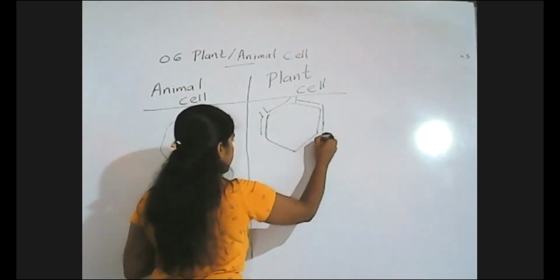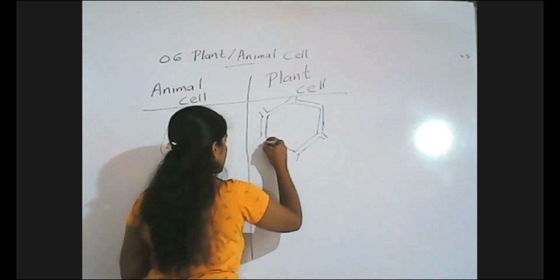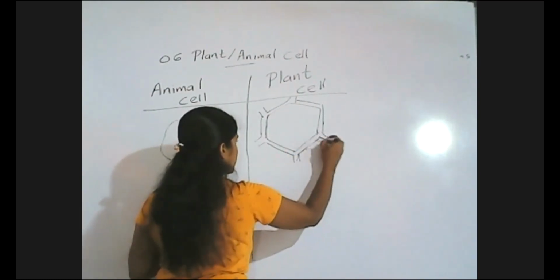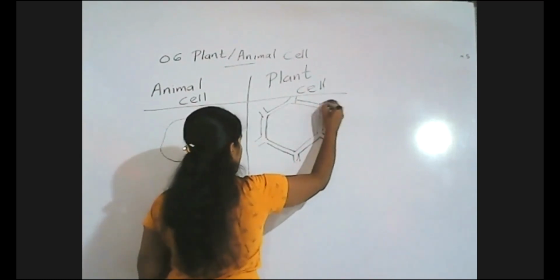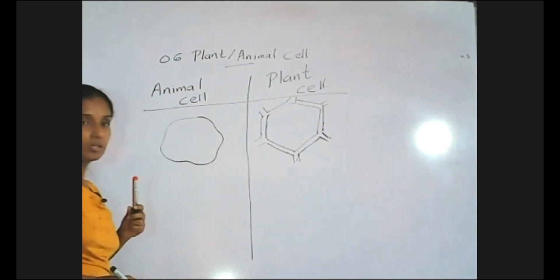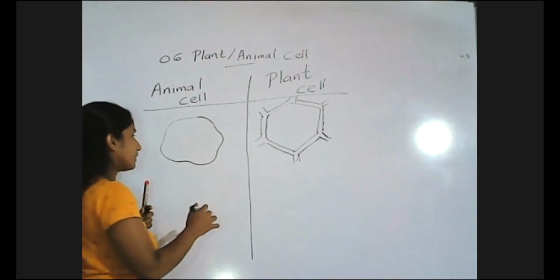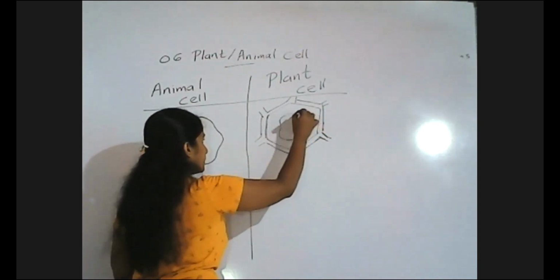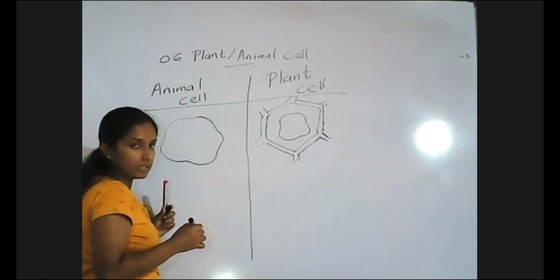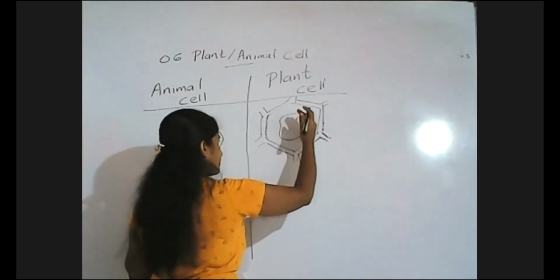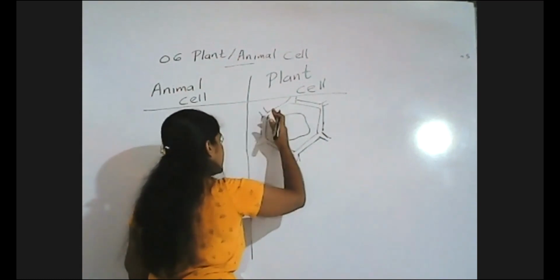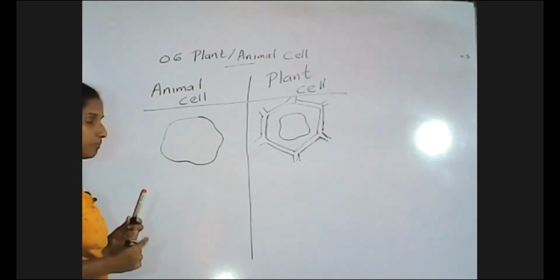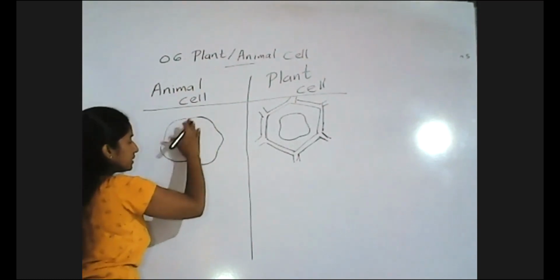When you draw, draw a clear diagram, only one diagram, so draw it clearly. In the plant cell, there's a large vacuole in the center, so the cytoplasm is pushed to the periphery of the cell. But in the animal cell, it is not like that.